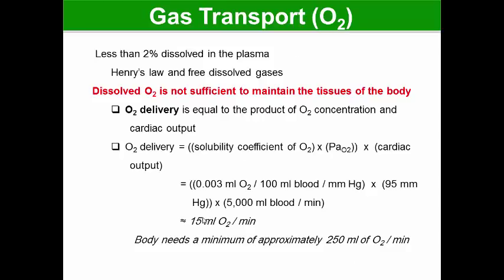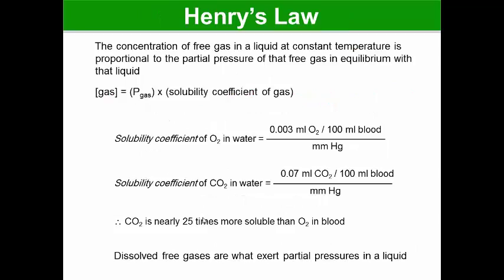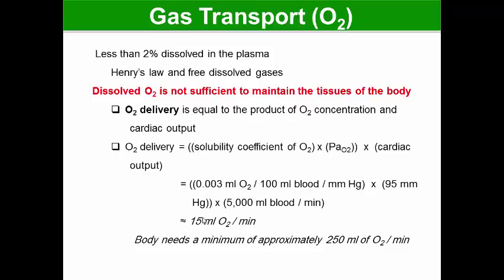Now we will describe the transport of oxygen in more detail. We mentioned earlier that oxygen is transported in two forms: dissolved in the plasma and bound to hemoglobin. Less than 2% of oxygen is transported dissolved in the plasma, because in the previous slide we mentioned that oxygen has low solubility in the water or in the plasma.